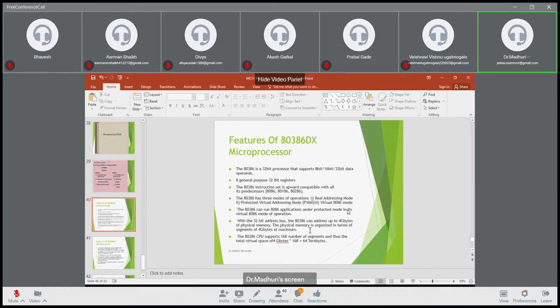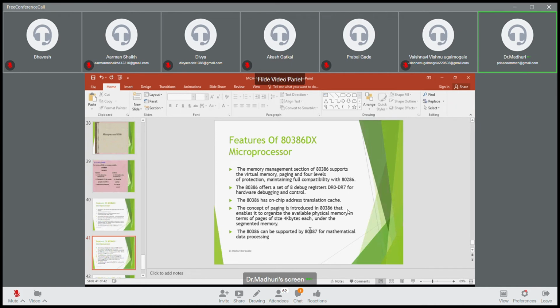It supports a total virtual memory of about 4 GB. It also supports the paging concept. Multitasking is there, and the protection mechanism is there. We will see these concepts, but these are the features. It also has 8 debug registers and test registers for hardware debugging, and control registers.